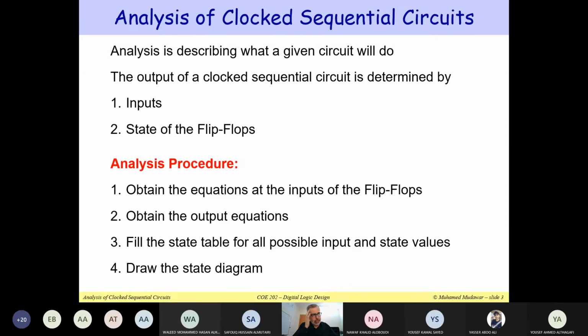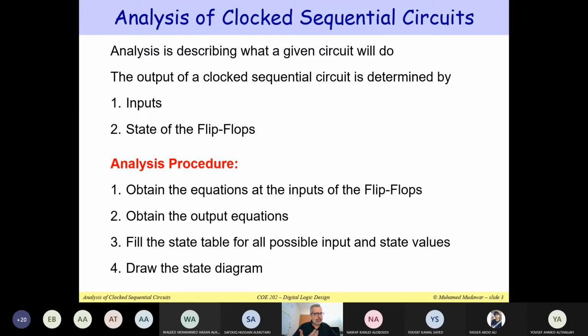So in the case of sequential circuit, the output depends not only on the inputs, but also on the present state of the flip-flops. So for this reason, we need to look at the state of the flip-flops and determine the equations, and so we need to fill the state table and draw the state diagram.